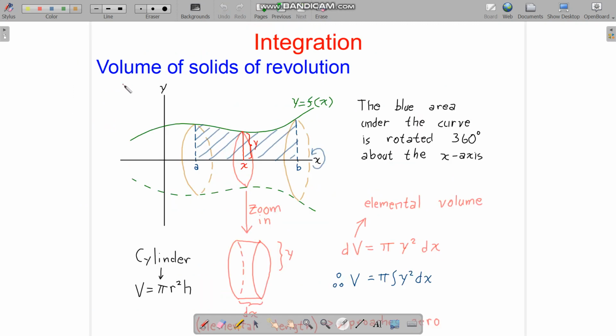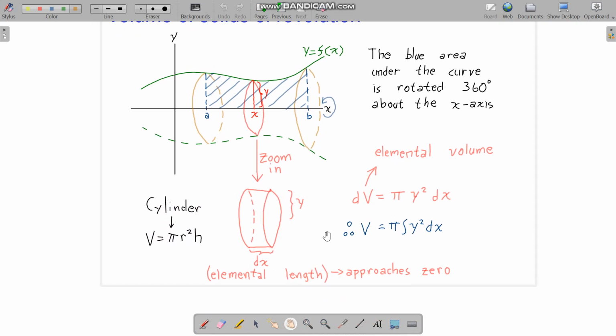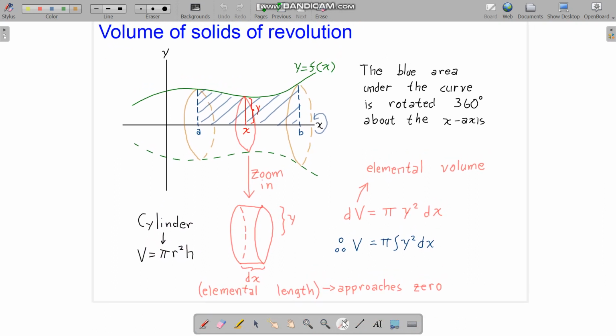Now for the volume of solids of revolution. Here the blue area under the curve is rotated 360 degrees about the x-axis, so this is like a cylinder. The volume of a cylinder is pi r squared h, and this is called the elemental volume. So we split the volume we want to find into tiny layers of thin cylinders.